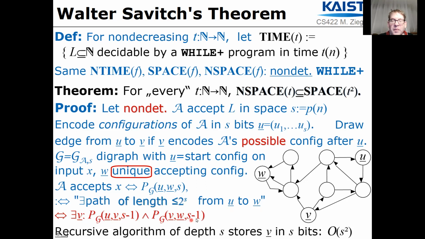So when S is positive, we make these recursive calls, but there's indeed a base case that I need to explain. The base case is when S is equal to 0. That means the question, does there exist a path of length at most 2 to the 0, that is of length at most 1, from a given vertex to another given vertex?